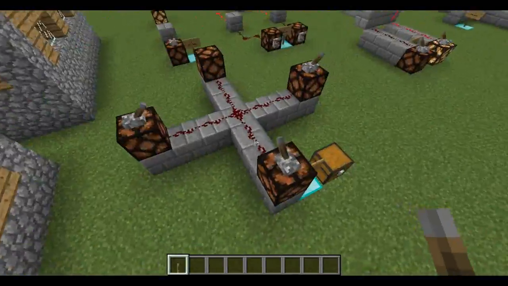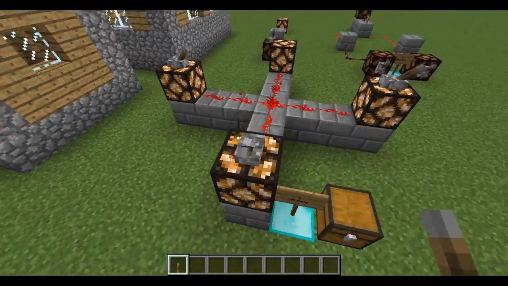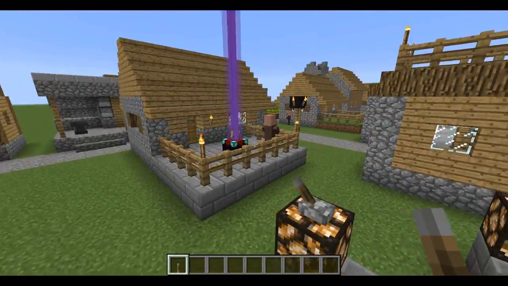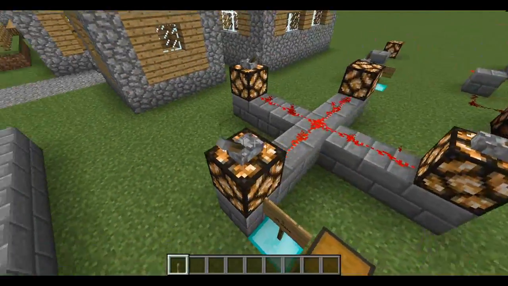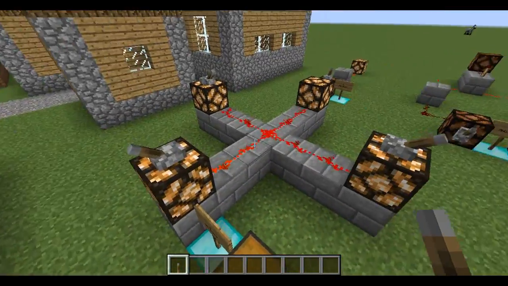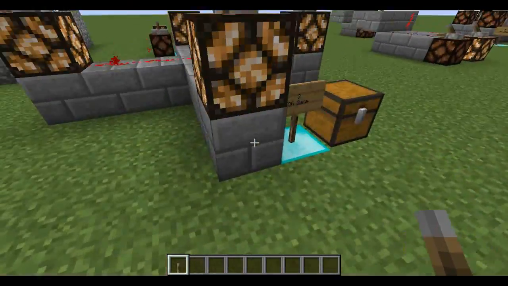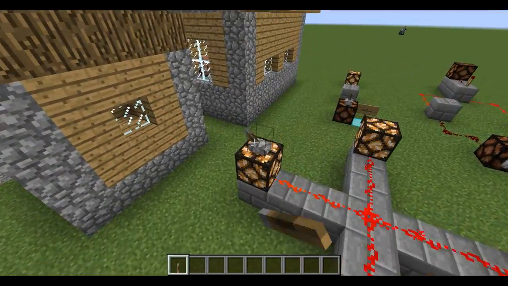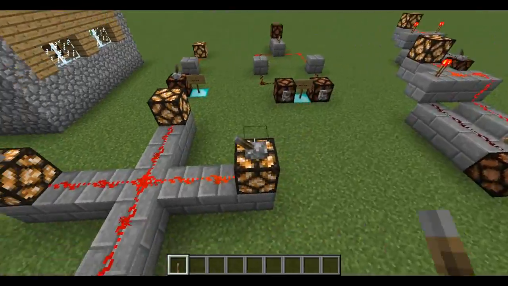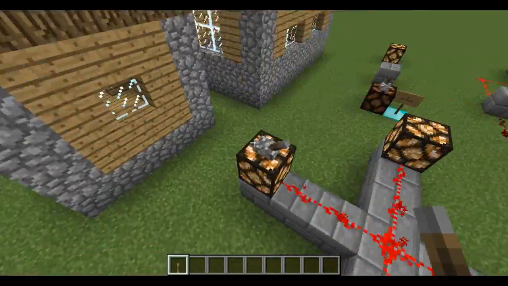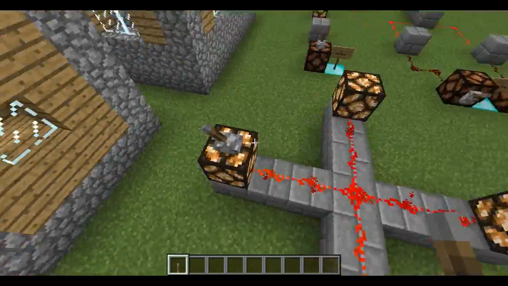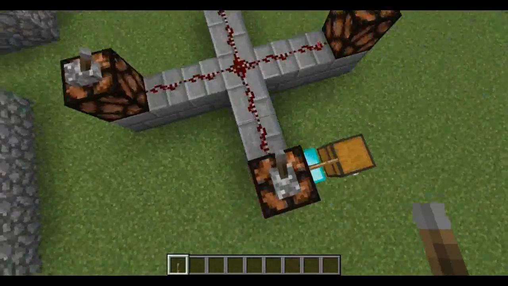Essentially, all these switches are in the off position. If I turn this one on, it turns on and sends the power off in any direction, no matter which switch is on. There can be multiple switches on, because it's just a redstone line.